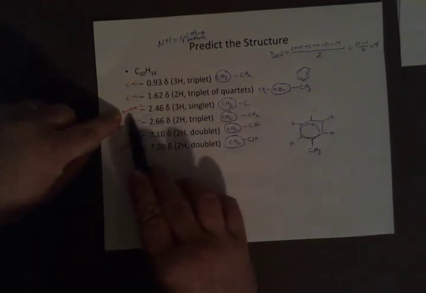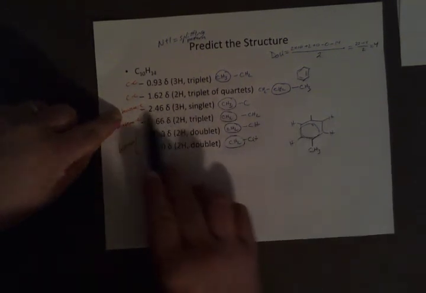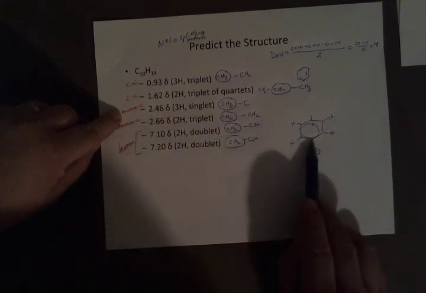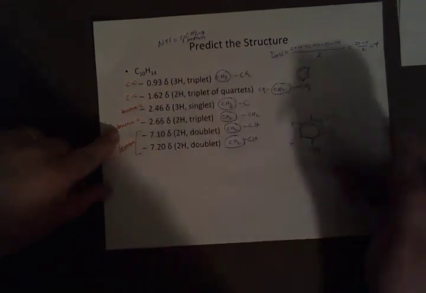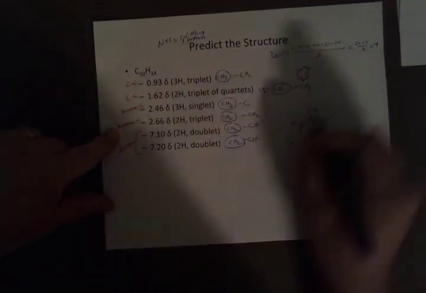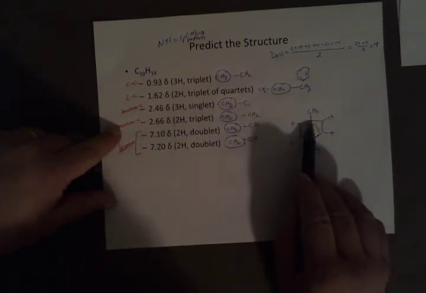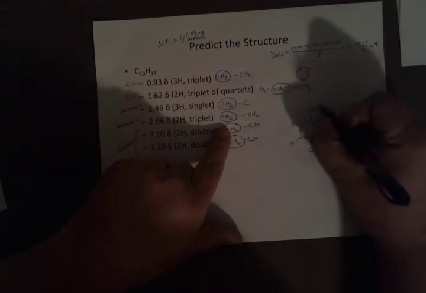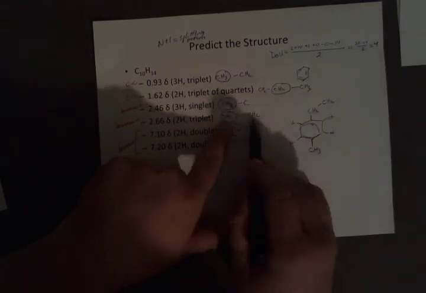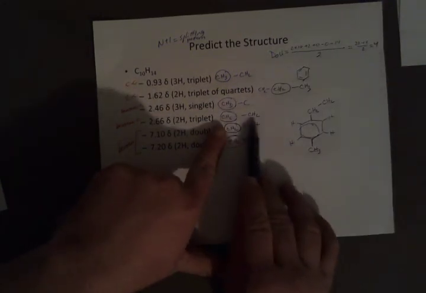It's right next to the benzene. The chemical shift would tell you that. But again, there's no hydrogens there. This one would also, the chemical shift would indicate that this is a CH2. This CH2 would be right next to the benzene. But on this side, it's next to another CH2. We figured it out there.